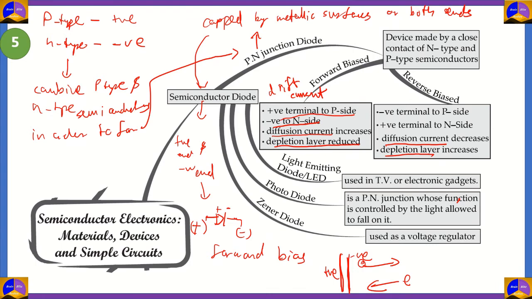Now, what happens when you have reverse bias? In reverse bias, it's the exact opposite. The negative terminal of the battery is connected to the p side, and the positive terminal is connected to the n side. So what happens here?